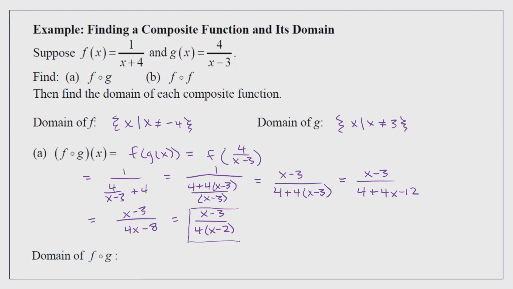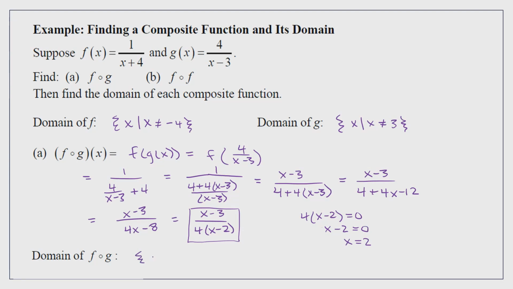That is the expression. But when we want to find the domain of f composed with g, we also want to evaluate what x values will make the denominator 0, because it is a ratio. So we set our denominator equal to 0 and determine those x values. I'll divide both sides by 4, then add 2 to both sides, and I get x equals 2.